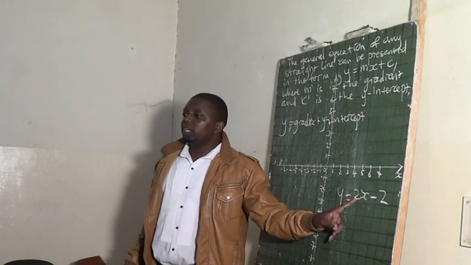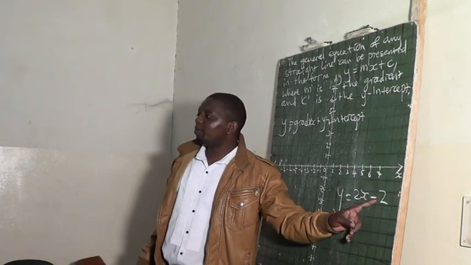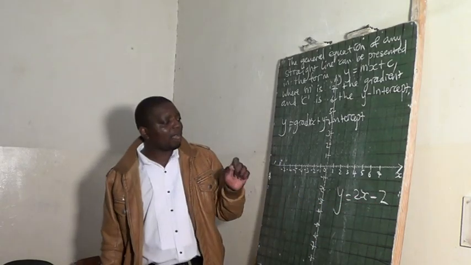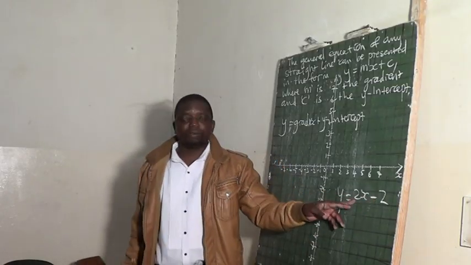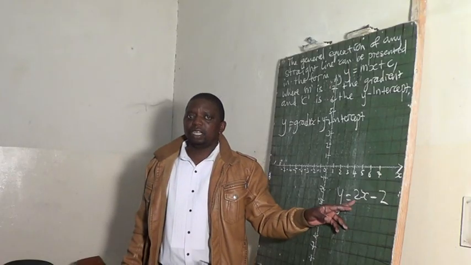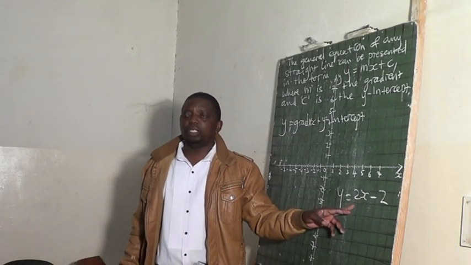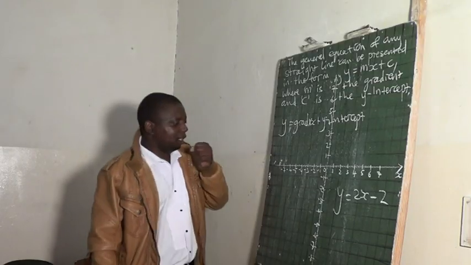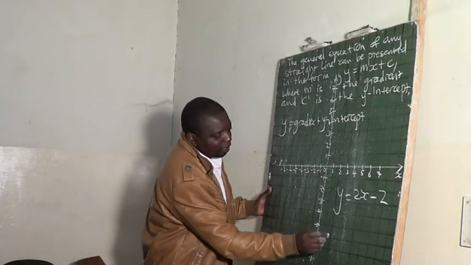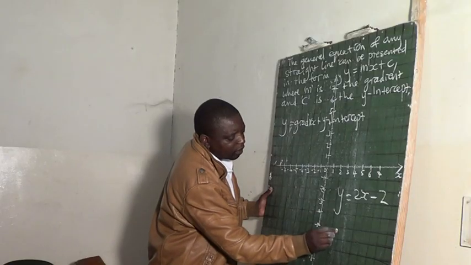Gradient is 2 and y-intercept is minus 2. It means our line cuts the y-axis at minus 2 and has a gradient of 2. And when we say gradient 2, it means 2 over 1.